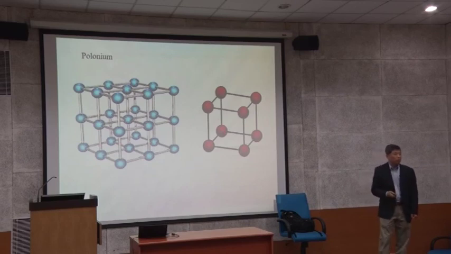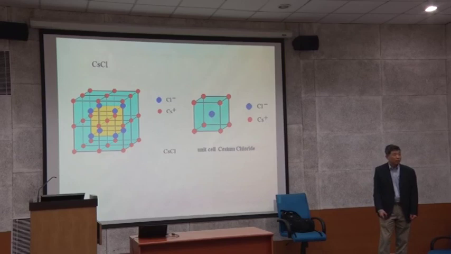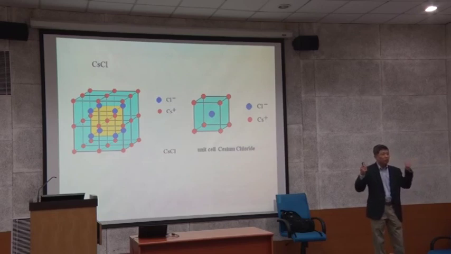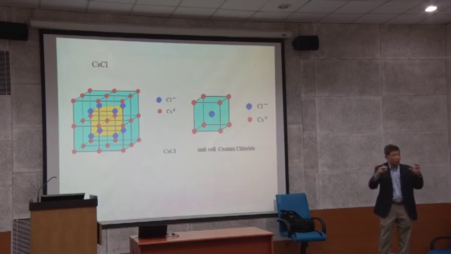simple cubic. When you look at this one and this one, the surroundings of this one and of that one are different. So you cannot say this is a lattice point and that is a lattice point; they are two different ones with different surroundings. So the lattice point sits here, and each lattice point contains a group of atoms.